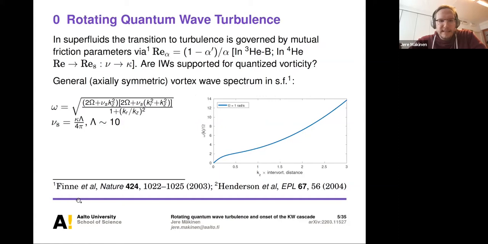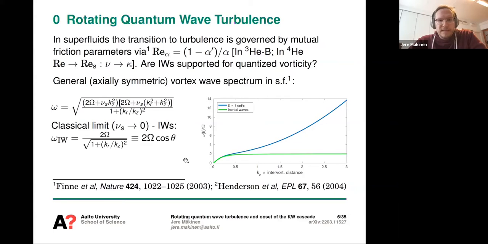In this paper by Henderson et al., they derived the general vortex wave spectrum for all cases in rotating superfluid, but the axially symmetric modes have a dispersion relation that looks like this. So if we fix the radial wave number and plot this as a function of the z-directional wave vector, you get something like this.